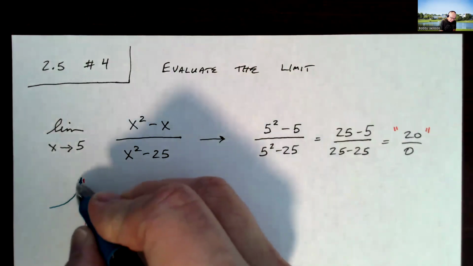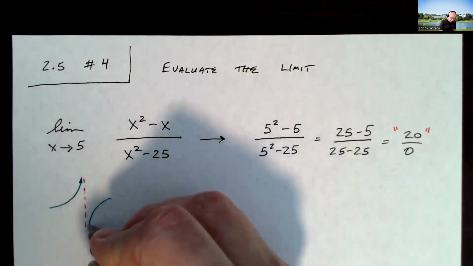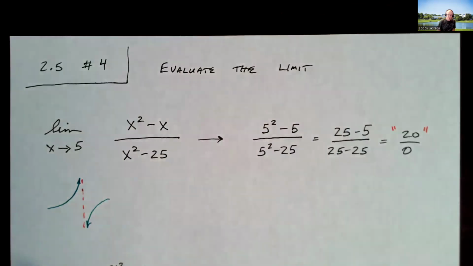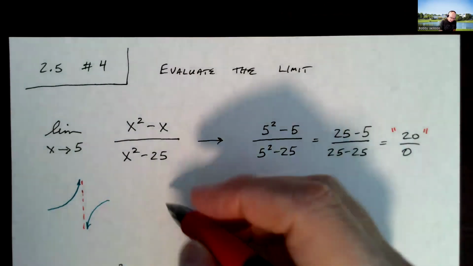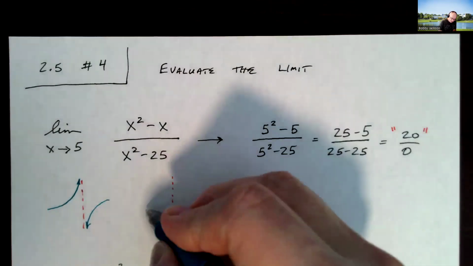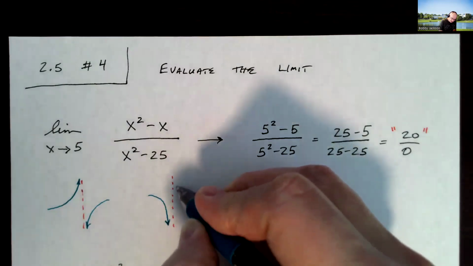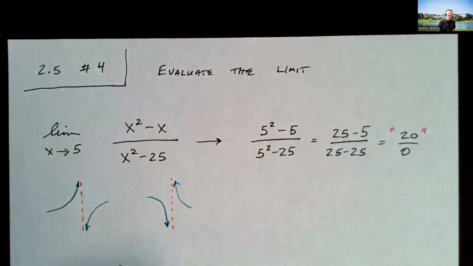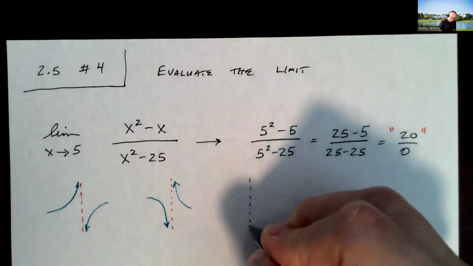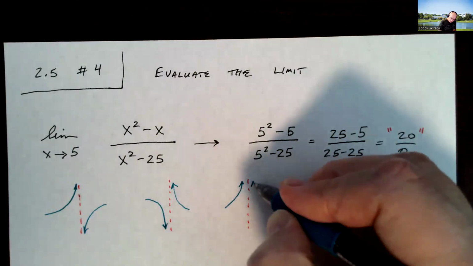You can be blowing up for values as you approach 5 from below, and you can be going to minus infinity as you approach 5 from above. Or you can have a situation where we're approaching minus infinity this way and positive infinity this way. Or we can have both sides going to positive infinity.